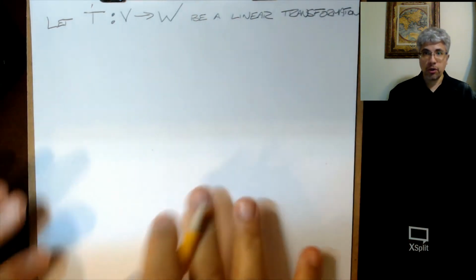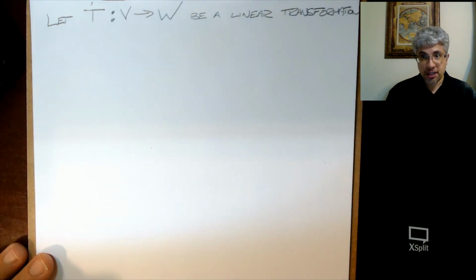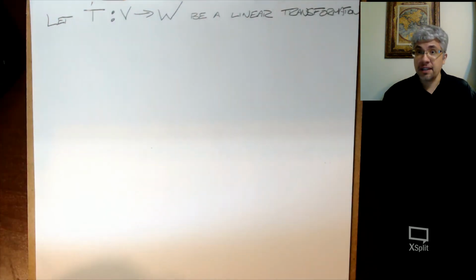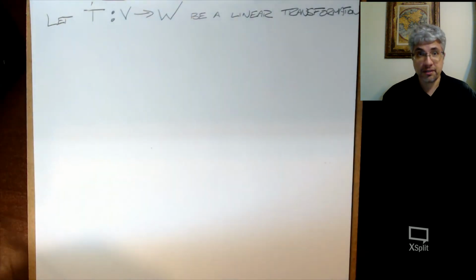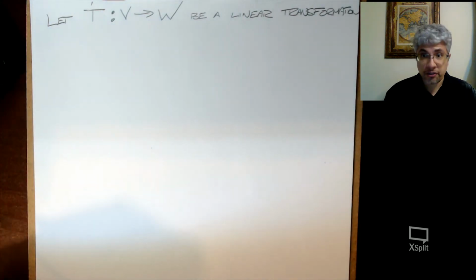Transformation's a long word, but when you use the words linear transformation, there's an implication that V and W are vector spaces. I mean, of course, they're vector spaces here, but you could say let V and W be vector spaces and T be a linear map. Lots of ways of saying this so far. Okay, so let T be a linear transformation.